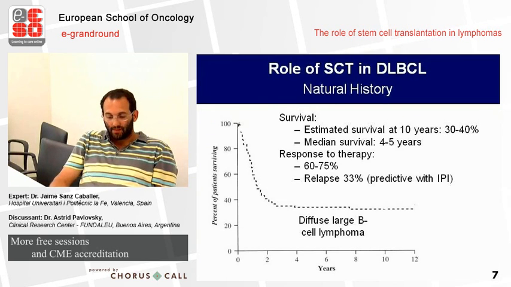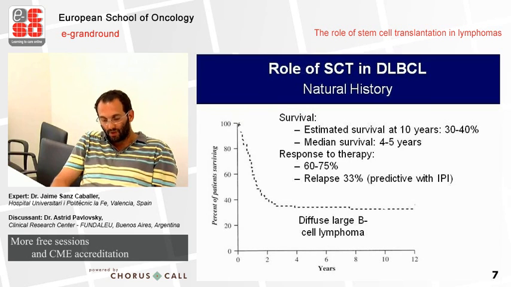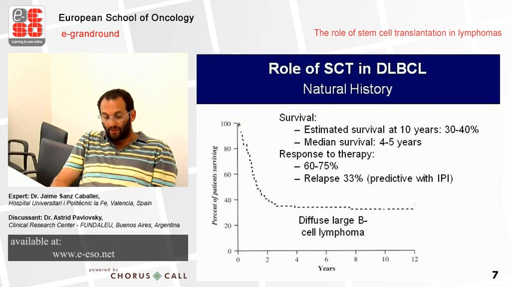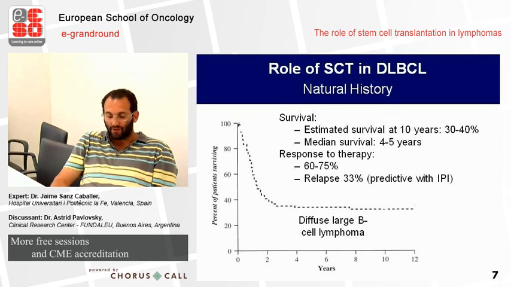To place stem cell transplant in the therapeutic algorithm of diffuse large B-cell lymphoma, we need to remember the natural history of the disease. Diffuse large B-cell lymphoma has an estimated survival of around 10 years, with survival at 10 years of 30 to 40%, and a median survival of 4 to 5 years.